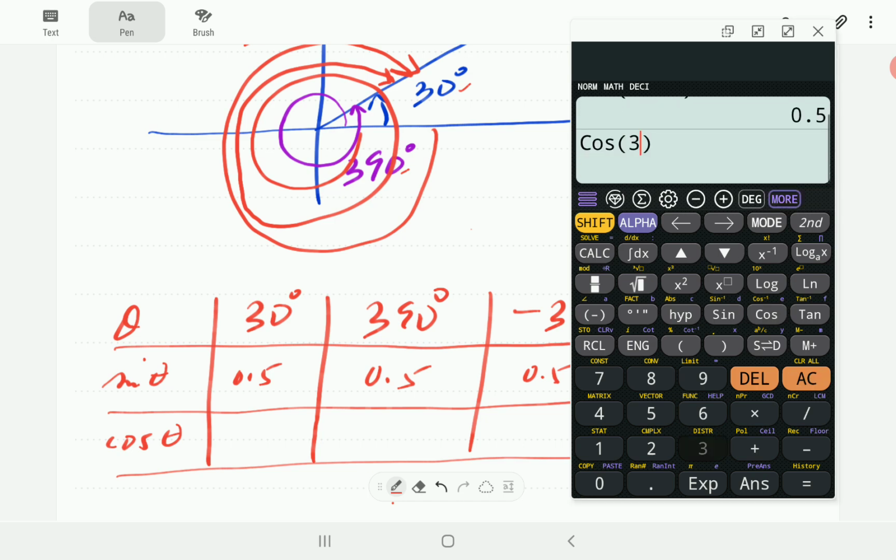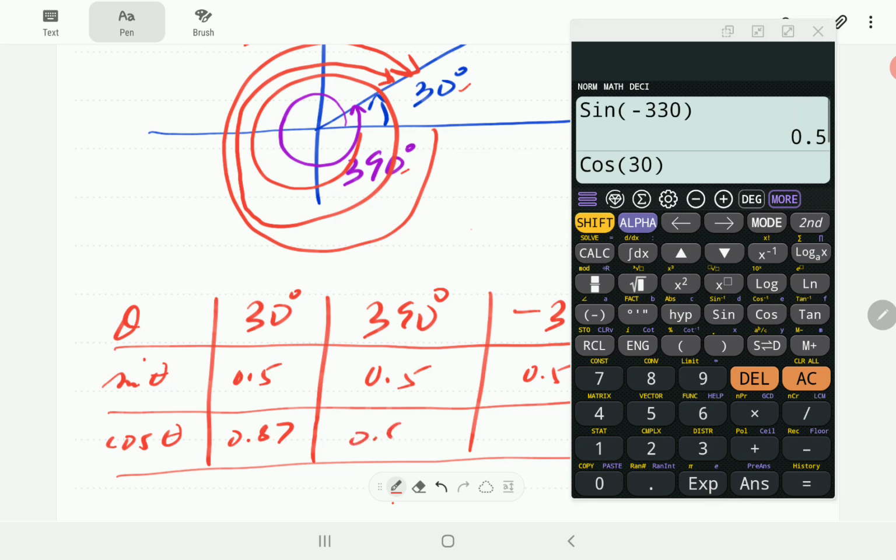So cosine 30 is 0.87. And then I'm going to do this on a different line now. Let's do cosine 390 so that we can compare the 2 values. We can see that the 2 are exactly the same, this one and this one.